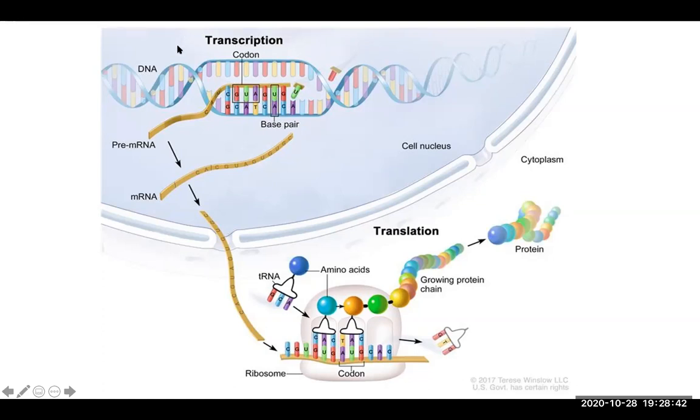You need your RNA polymerase to bind to the promoter region to unwind and open up the DNA, and then it's going to copy those base pairs in a complementary base pairing fashion, where A goes with a U, and if there's a T, the RNA polymerase will put in an A. If there's a C in the DNA, then you will add a G, and so on and so forth.